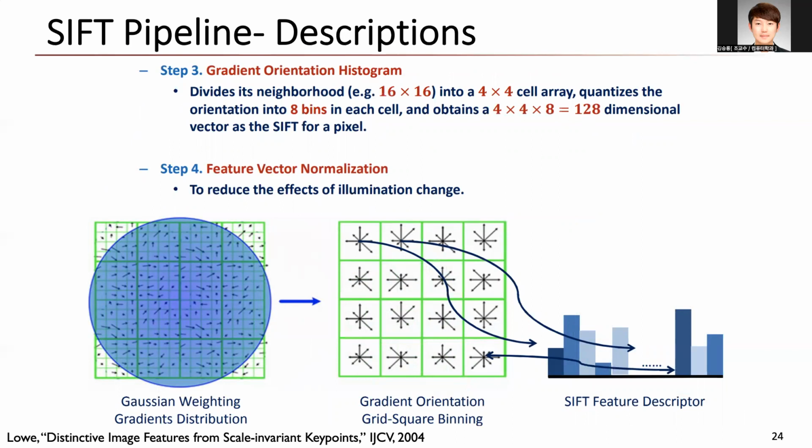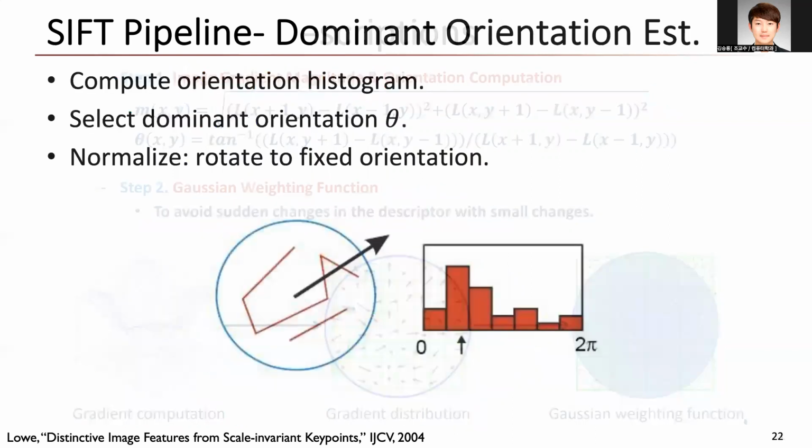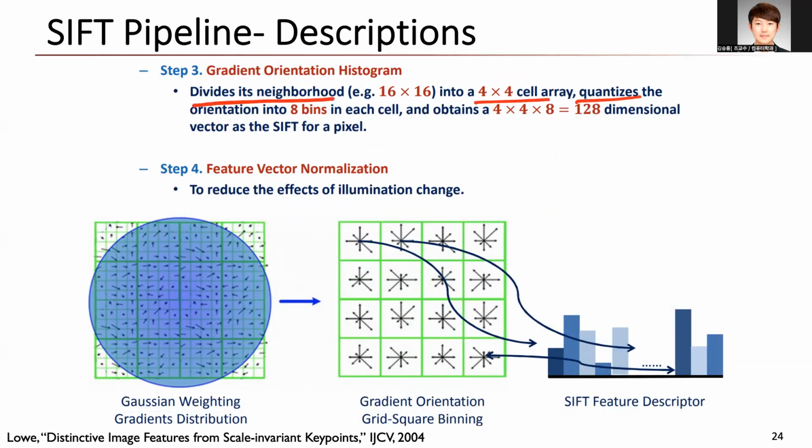And then generate the histogram. But before that, divide each neighborhood into local regions and quantize the orientation. Quantize the orientation and generate the histogram, which is going to be a 128 dimensional vector.